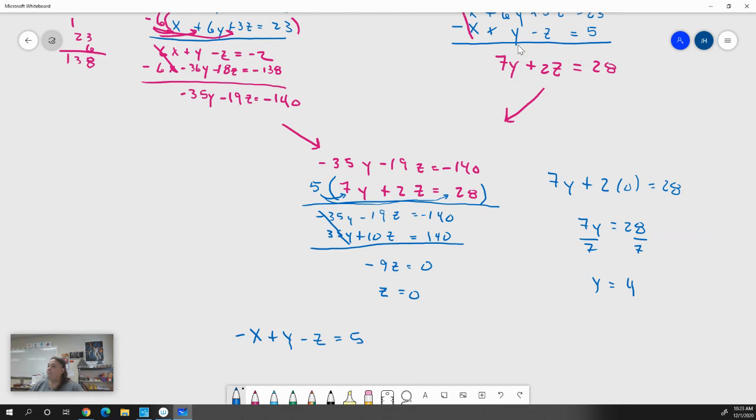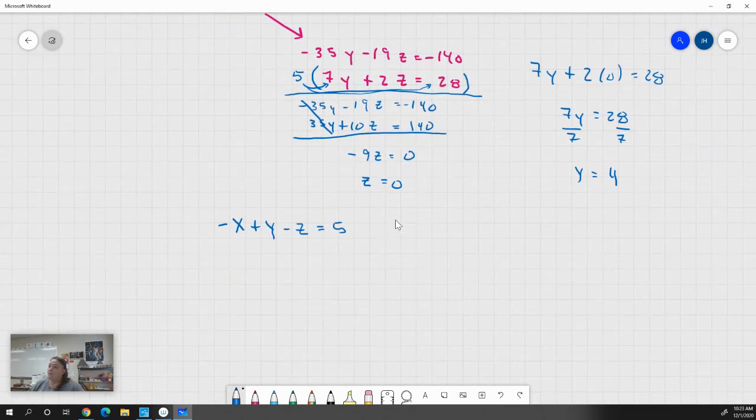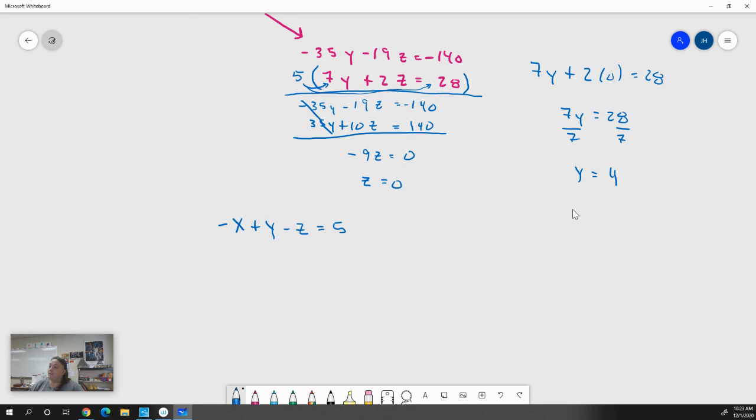I'm using that one. It's right up there. What do I know? I know that z equals 0 and y equals 4. So I have minus x plus y. Well, that's plus 4 minus z. So that's minus 0 equals 5. Right? So I have minus x plus 4 equals 5.